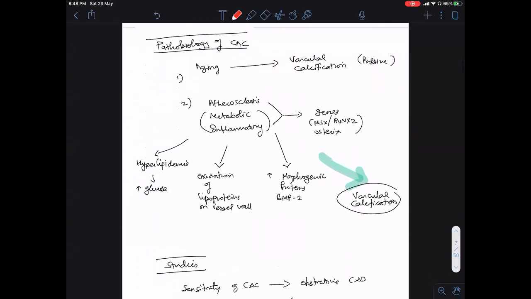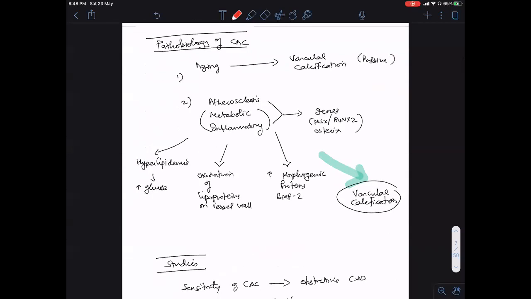So briefly on the pathobiology of coronary artery calcium, the earlier accepted theory was that it was a passive thing, where aging actually directly caused vascular calcification. I mean, it probably is true even now, but now we know that there are a lot of other potential mechanisms in action. One, the fact that atherosclerosis can cause a lot of inflammation has been recently discussed as well.